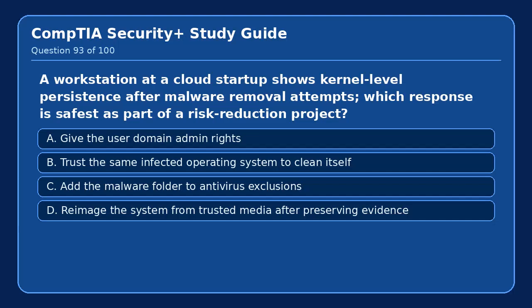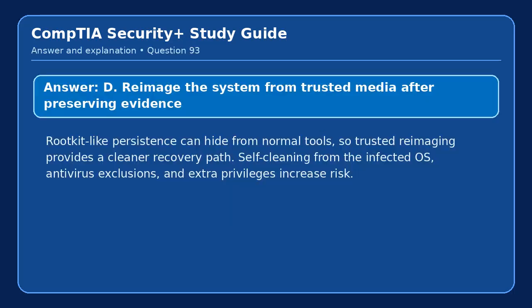Question 96. Which practice best hardens a new server image for a managed service provider while updating the runbook? A. Apply a secure baseline that disables unnecessary services and enforces approved settings. B. Leave vendor credentials unchanged. C. Turn off audit logging permanently. D. Install every optional service by default. Take a moment to choose your answer.